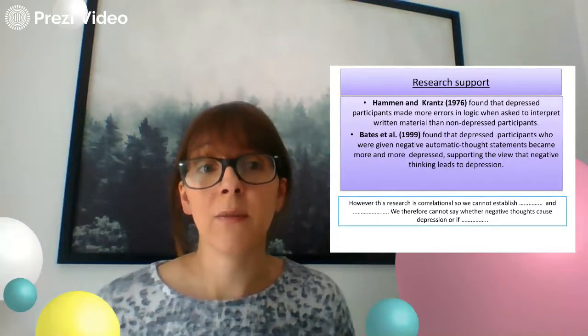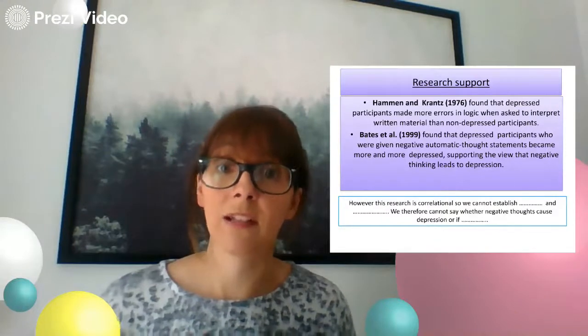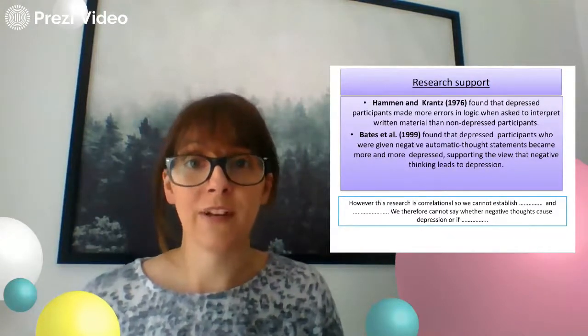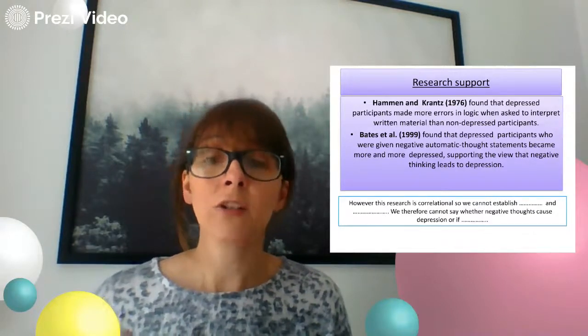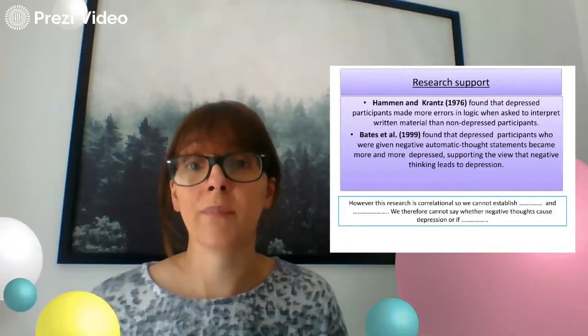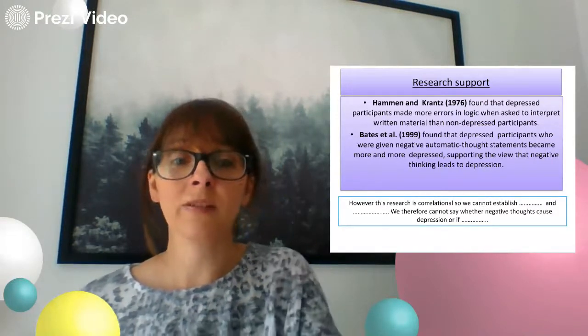Therefore, we cannot say whether cognitive thoughts cause depression or if depression causes the negative thoughts. Okay, we can't establish cause and effect. It is just correlational. There could actually be something else that's causing the depressive thoughts that we haven't yet considered, and I'll discuss that in a little bit.